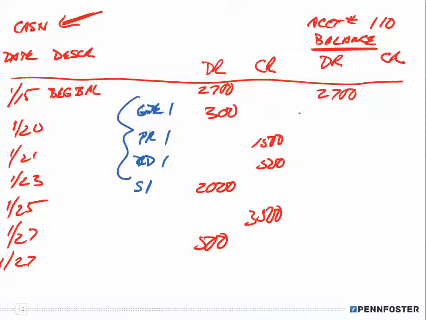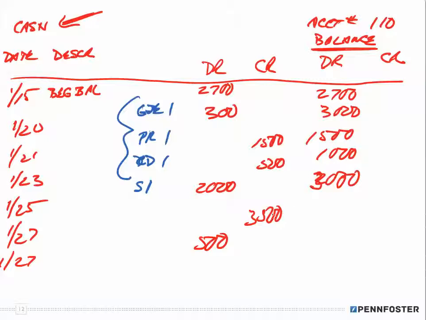So if I had 2,700 plus what you see on the screen here of 300, that's a debit of 3,000. And then I'd credit 1,500, so now I'd be at 1,500 as a debit. And I'd credit 500 more, so I'd be at 1,000 in the debit column. Then I have a debit of 2,000, so now I'd be up to $3,000.